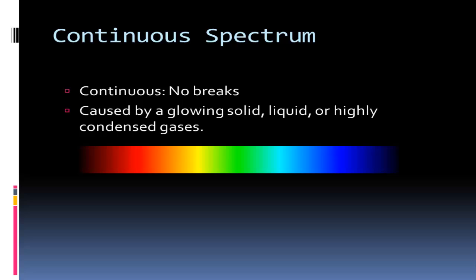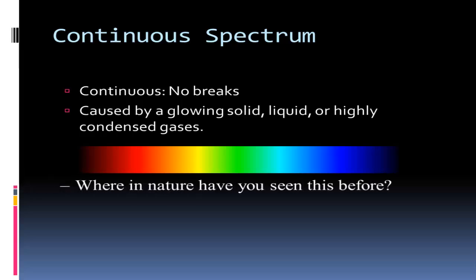Or you could have a liquid that's heated up and glowing, or just a really condensed gas like our sun. Now, obviously, where have you seen this before? It is a rainbow. When you look at a rainbow, what you're seeing there is light from the sun going through a prism.